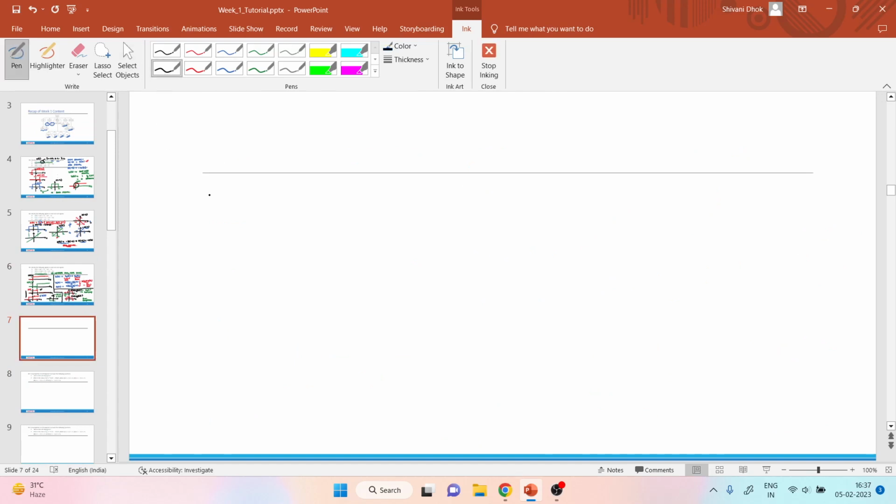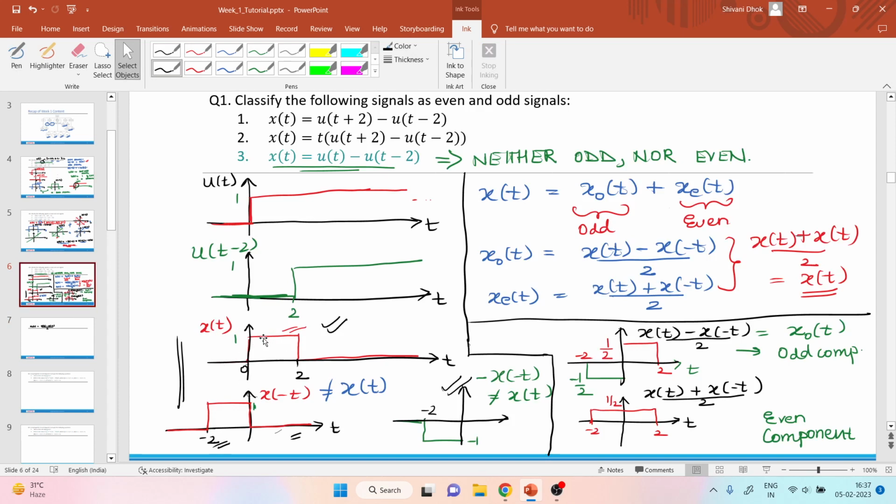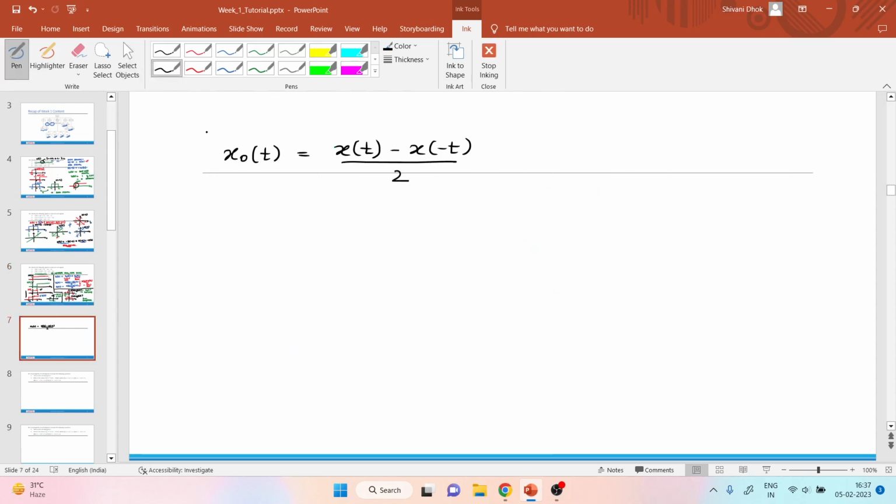Okay, so what is the definition of x odd of t? So it is x of t minus x of minus t, divided by 2. If you look here, what was your x of t? It was a pulse kind of thing from 0 to 2. So it looks something like this, from 0 to 2 with amplitude 1.